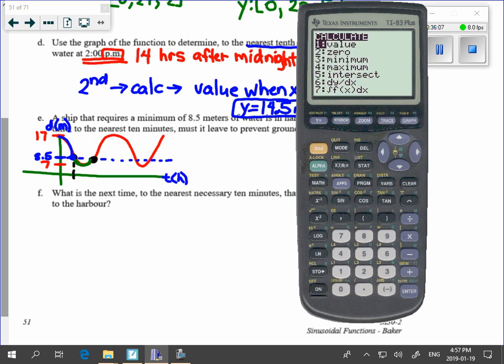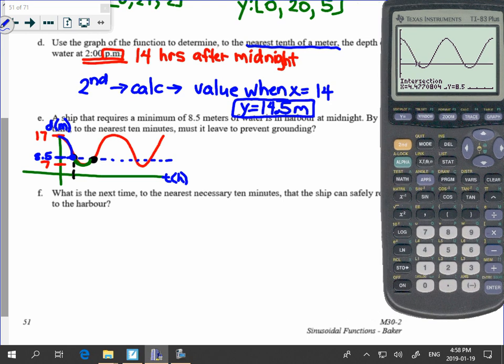So second, calculate an intersection. Remember, you don't have to give it a left or a right bound point. You just move your cursor around until you get very close to that spot. Try and land pretty much on top of it and hit enter 3 times. And when you do that, you're going to get an intersection at that point. Okay, and that's at 4.47.